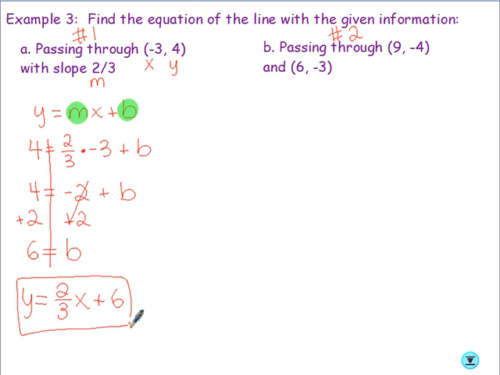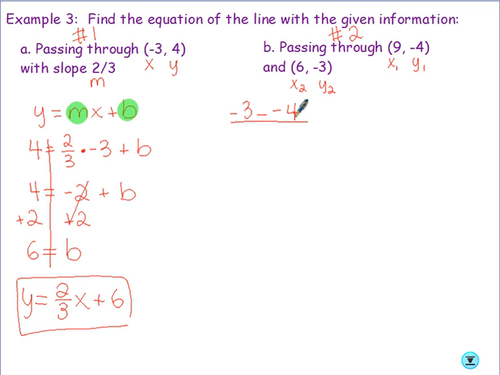Hopefully, whichever method you decided to use on A, you got the right answer. Let's see how you did on B. So B, we had to start by finding the slope. x1, y1, x2, y2. So y2 is negative 3 minus y1 is negative 4.